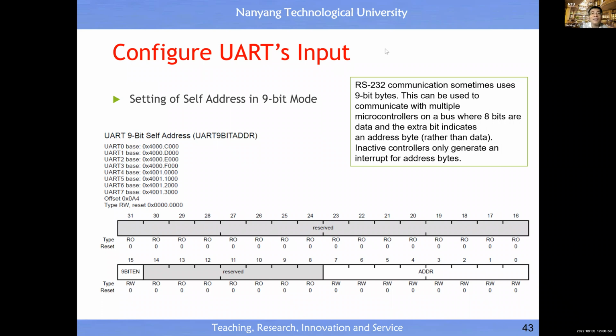I have 6 neighbors in a 3-dimensional IoT, so I just need 6. But here, it gives you support of 256. It's more than enough, right? So you turn on this one, then you say this is my address. Set up all these addresses. So you see you have flexibility now, right?